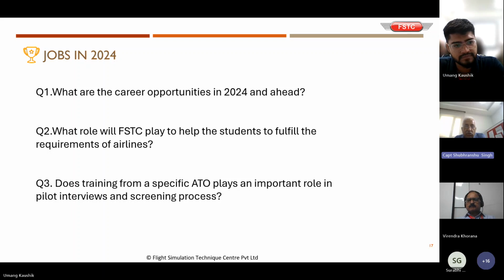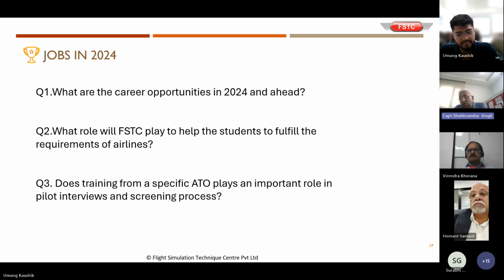I'm not saying it just to get you here. I've been here for the last one year, and we have trained so many pilots, and I can say with pride, all of them have joined Air India or Indigo. Some of them have gone to Vistara, and they're coming back to us to do the Vistara training.